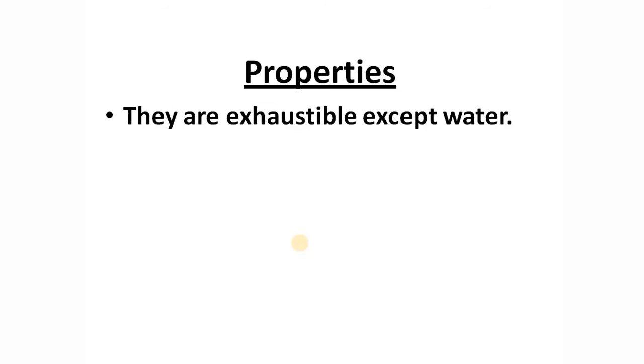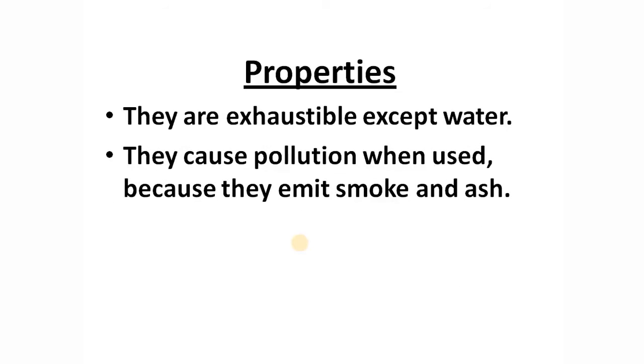What are the properties of those conventional energy sources? First, they are exhaustible, or they are going to be finished within a short while. That is the property. Secondly, they cause pollution when used because they emit smoke and ash. It's a big problem. In olden times, we had enough forest, and the forest would have been enough to catch all the smoke to balance the atmosphere.